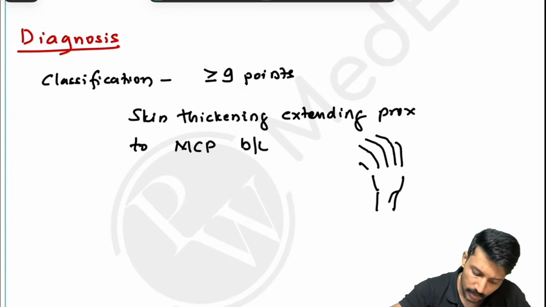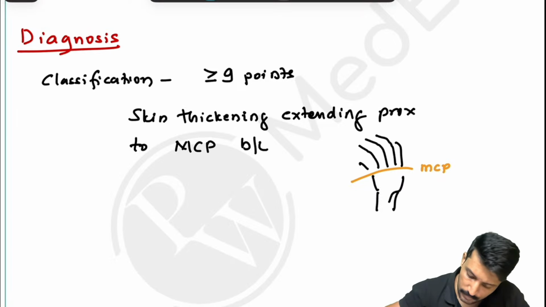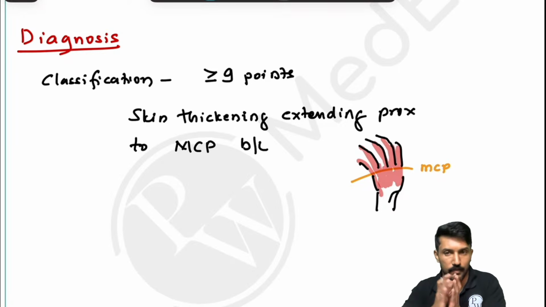This is what we call the metacarpophalangeal joint, MCP joint. So if the skin thickening extends proximal to this metacarpophalangeal joint bilaterally, that is more than enough to call it scleroderma without any investigations.